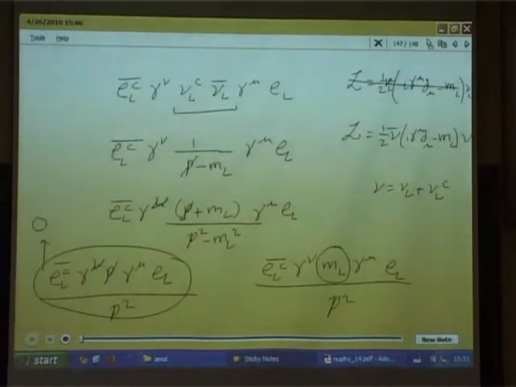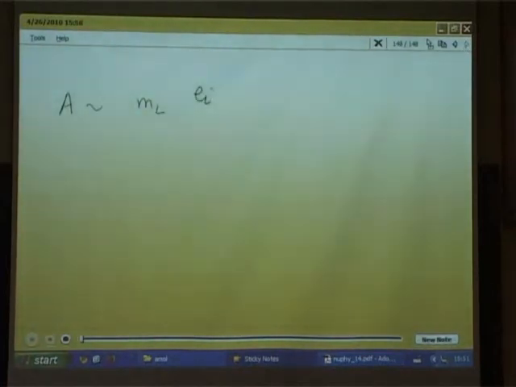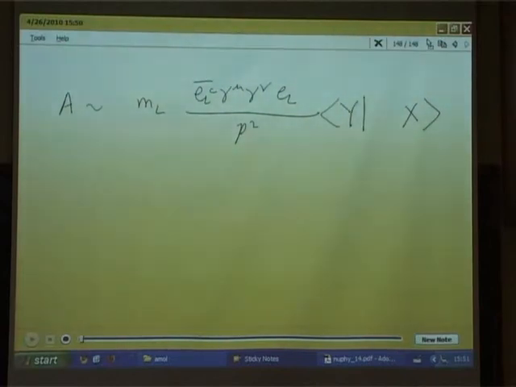It also has ELC bar, gamma mu, gamma nu, EL. Okay. It also has sigma gamma mu gamma mu then by P square. It will also have this matrix element where you have initial nucleus X, final nucleus Y with some nuclear matrix element.